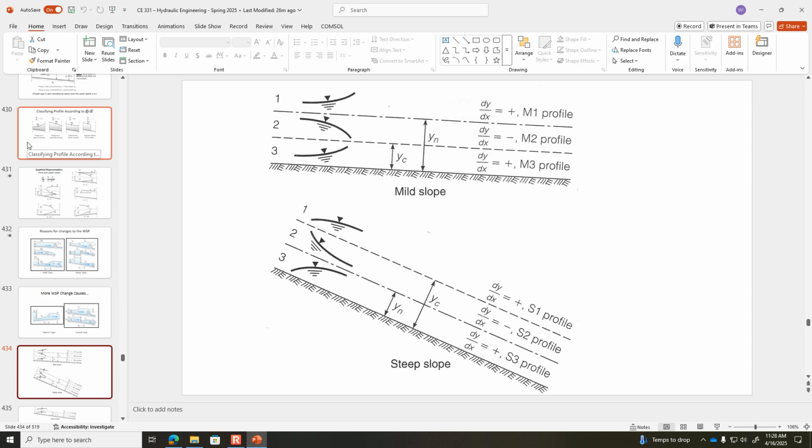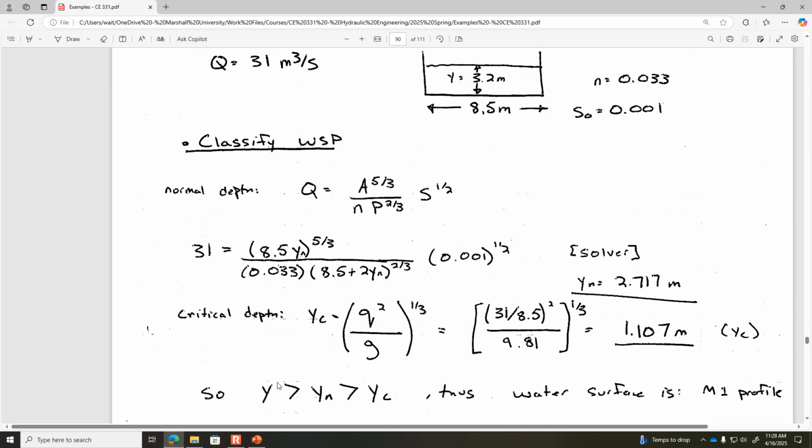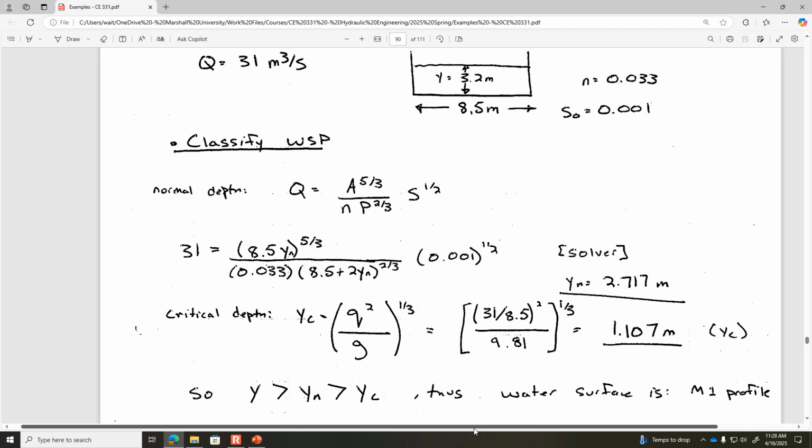M1 profile because yc is less than normal depth and y is greater than both of those other two. Let me show you what it looks like here. So the flow depth is greater than the normal depth. Normal depth is greater than critical depth. Thus, the water surface profile is M1.